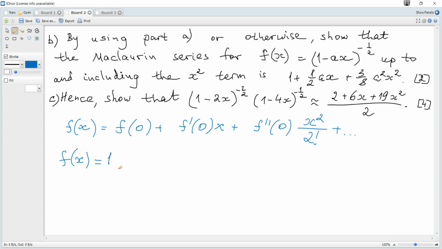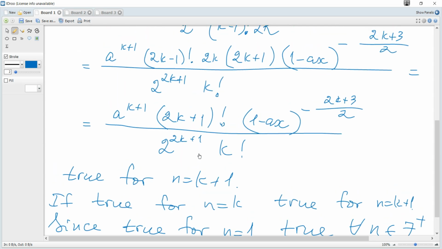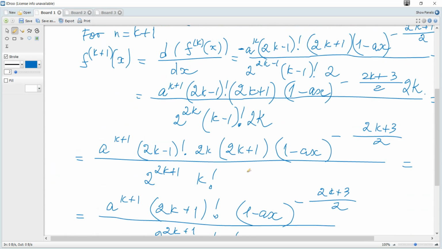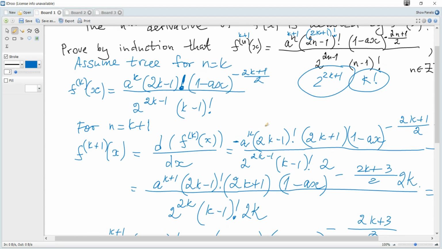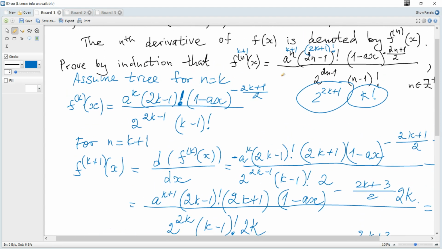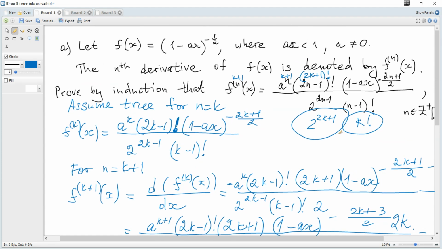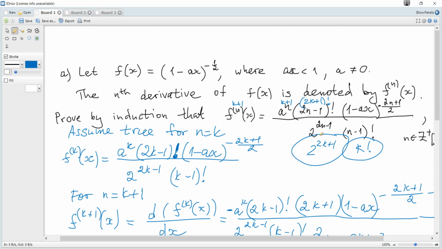Then plus the first derivative times x, and at 0, you can use for n is 1, or just this, substituting 1 for n and 0 for x, and it becomes a over 2.